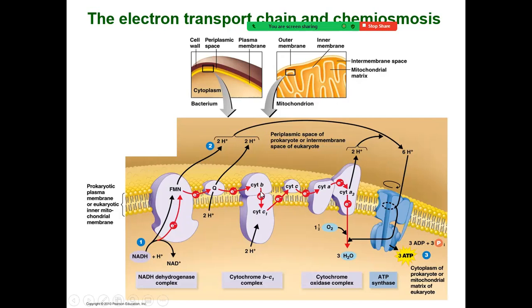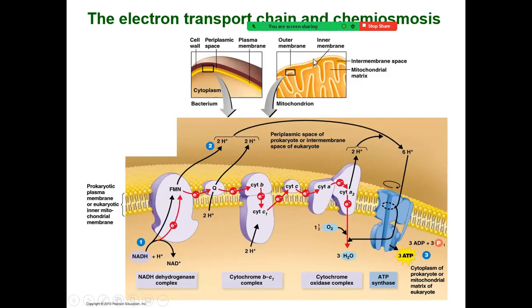And then the electrons flow through the proteins in the chain. The hydrogen ions are pumped to this side of the membrane, and how they are protected, meaning they don't damage the cell, is that this is the space between the inner membrane and the outer membrane. And so that's where the hydrogen ions are. And then they flow through the ATP synthase here to make ATP.